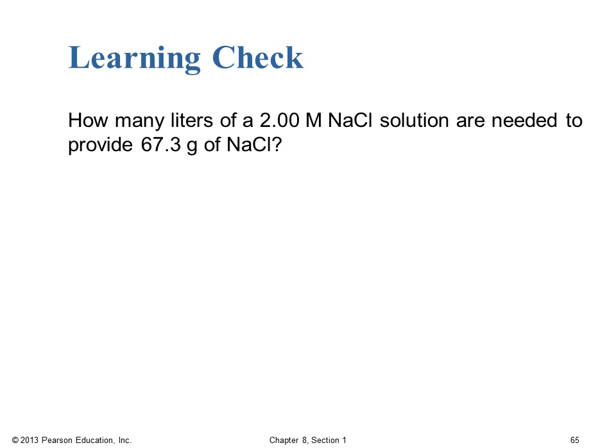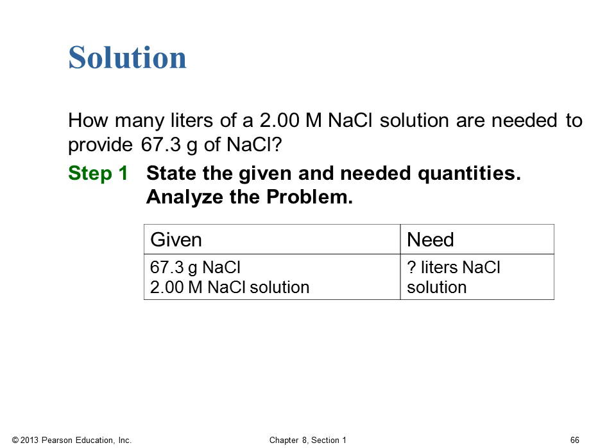In the next one, we're asked to calculate how many liters of a 2.0 molar solution of NaCl are needed to provide 67.3 grams of NaCl. So this is going to be kind of a double step, and we'll see why that is. We are given how many grams of NaCl and the concentration of the solution, and we need to get the liters of solution.